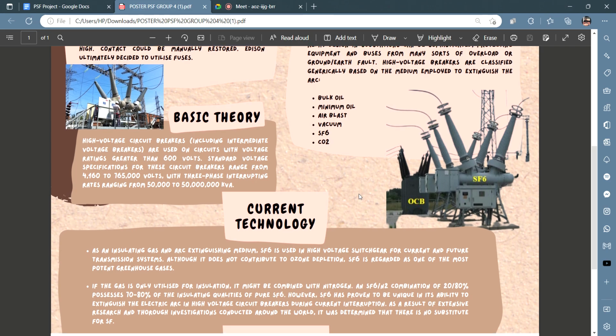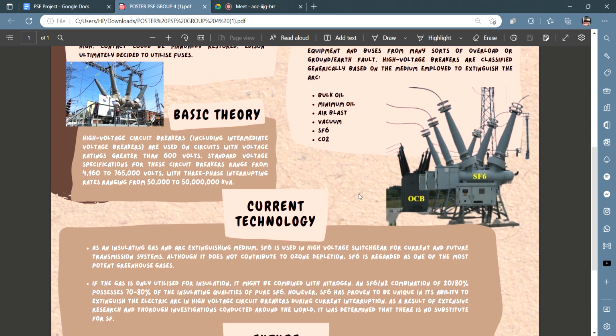At 13,800 volts, the magnetic air circuit breaker is rated up to 750,000 kVA using magnetic blowout coils. This type of circuit breaker interrupts the flow of air between two detachable contacts.